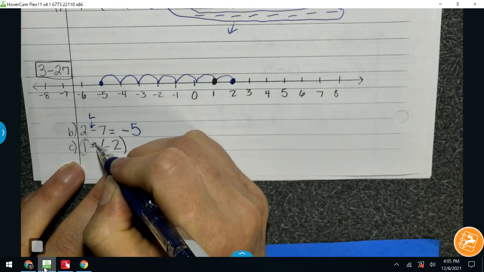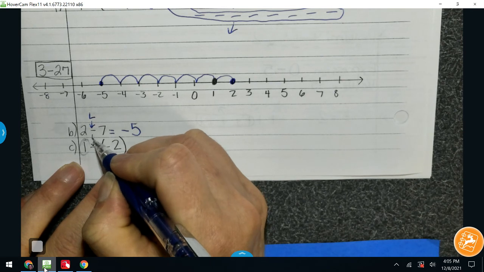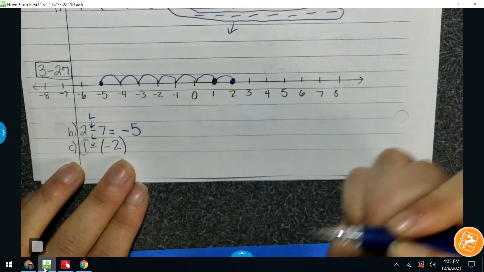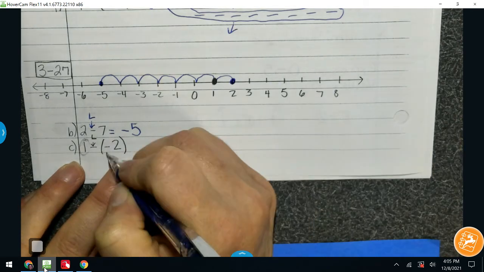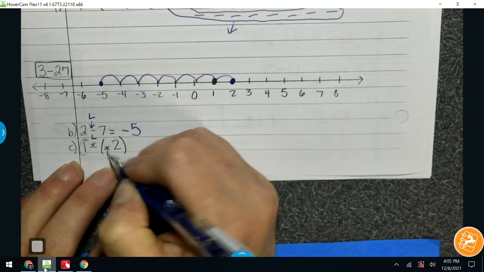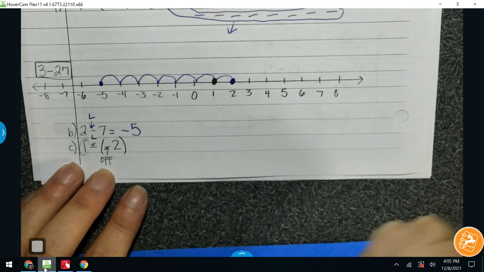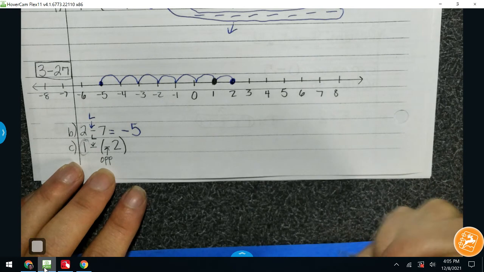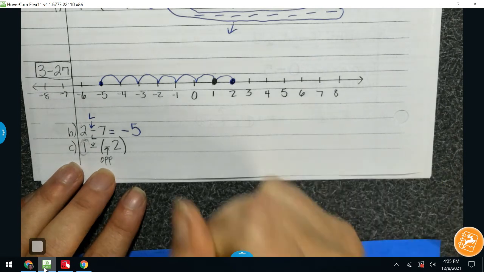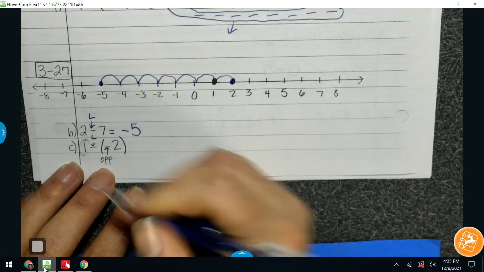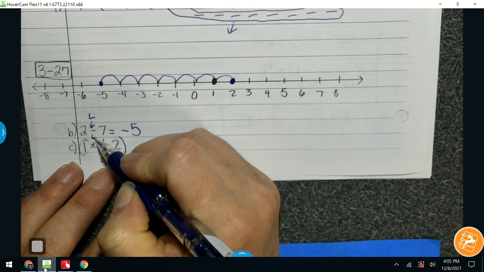This part right here tells me to go to the left. But this one right here tells me to do the opposite. So I know a lot of you, I drive you crazy because I use the word opposite instead of negative, but this is the reason why right now. So I have 1 and I'm going to the left.